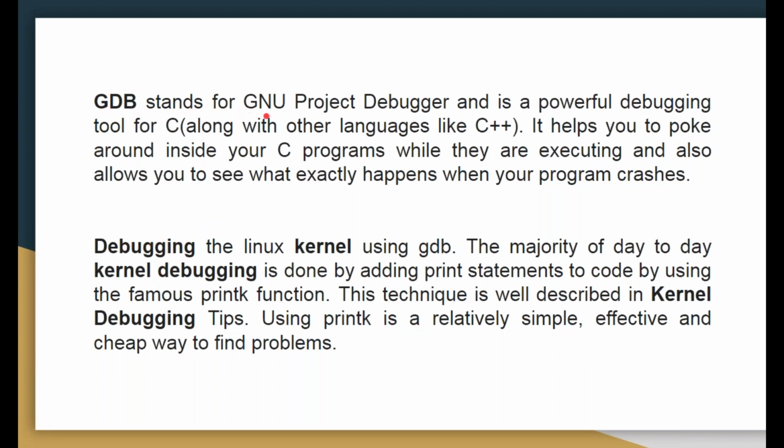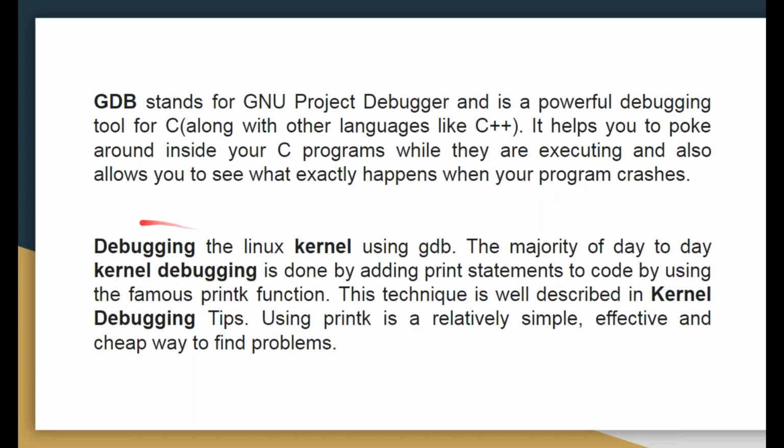And GDB stands for GNU Project Debugger, a powerful debugging tool. Along with other languages, it helps you poke inside your C programs while they're executing, and also lets you see what exactly happens when your program crashes.